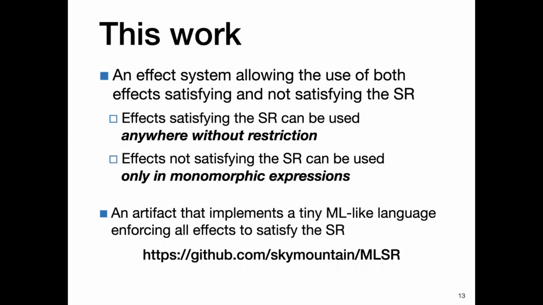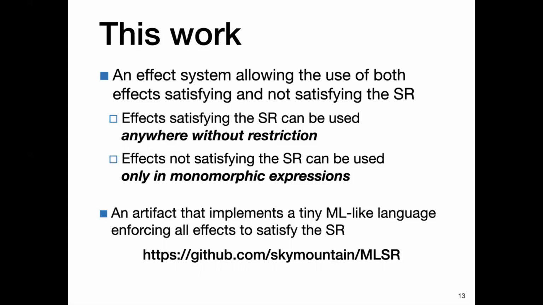And more precisely, in this effect system, effects that satisfy the signature restriction can be used anywhere without restriction, but if effects don't satisfy the signature restriction, then they can be used only in monomorphic expressions.